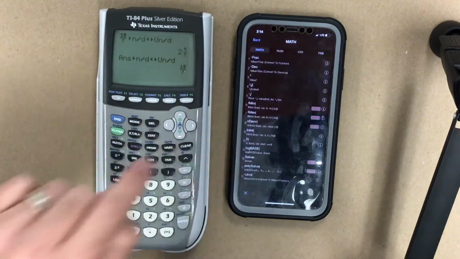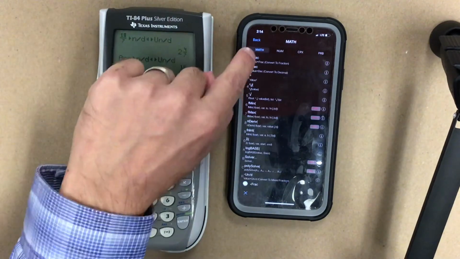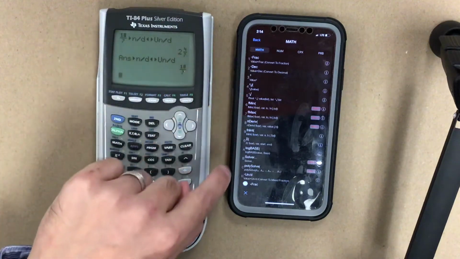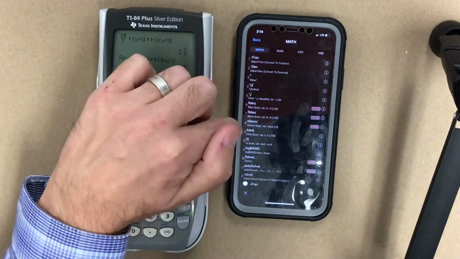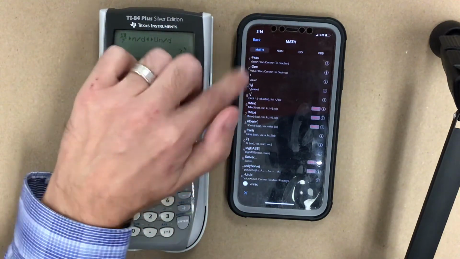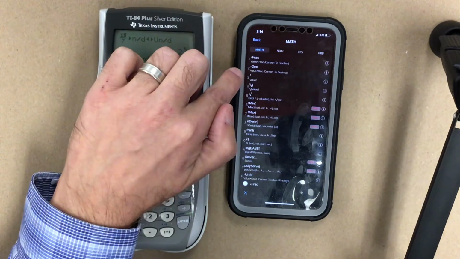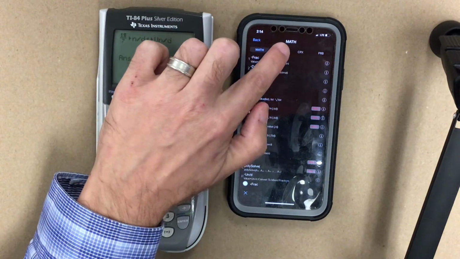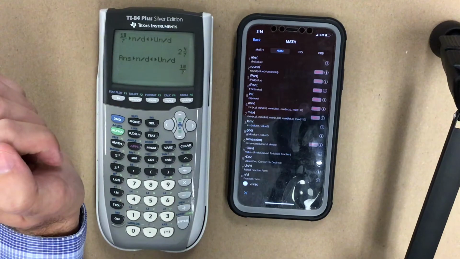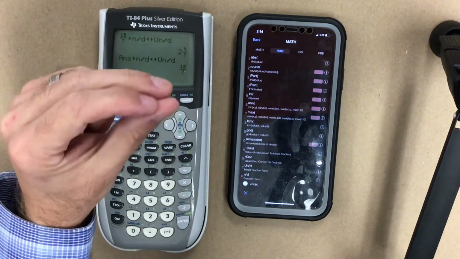Something else that we're going to look at in both the phone and the calculator, if I go to math, notice it's got all kinds of different things right here on this left column. Again, there's your fraction conversion, your decimal conversion, but if you go over to numbers, it's going to give you some other options.